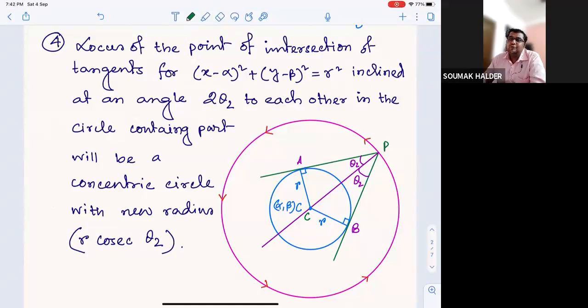So CP has to be the constant value r by sine theta 2, or you can mark it as r cosec theta 2. So P, a variable point maintaining a fixed distance from the center, and that fixed distance is r cosec theta 2, confirms that the locus of P, or path of variation for P, will be a concentric circle with new radius r cosec theta 2.